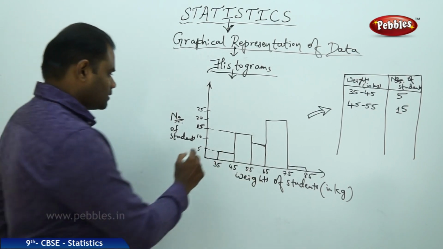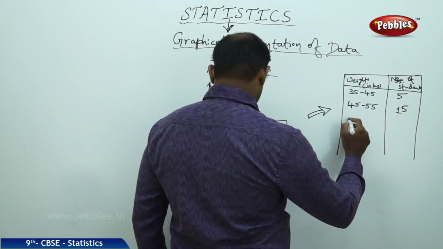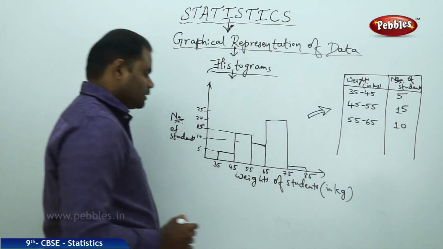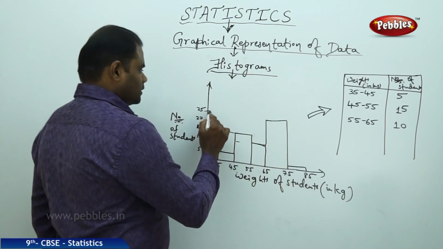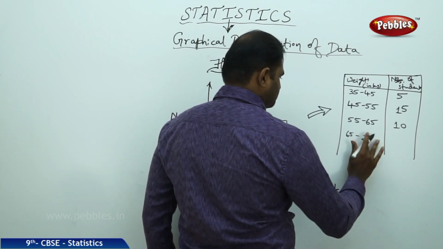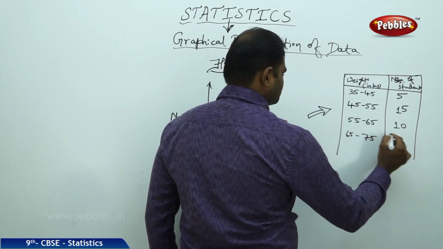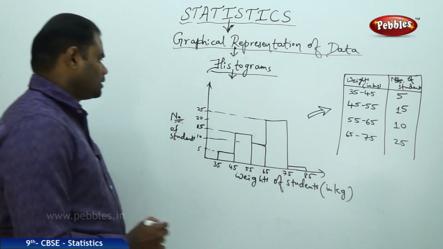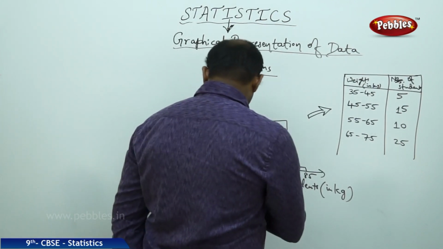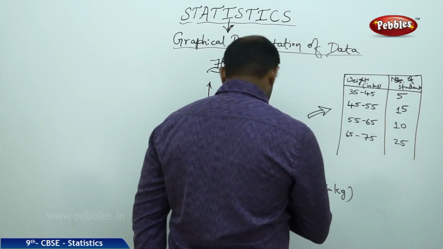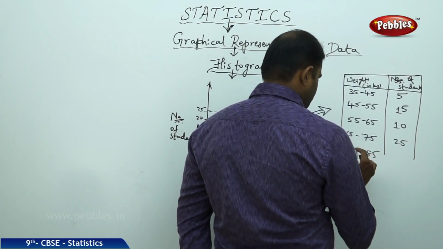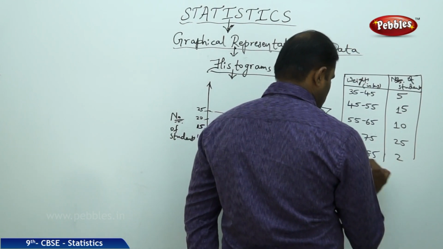55 to 65, there are 10 students who lie in this range. Then 65 to 75, they lie in the range of 25. And 75 to 85, there are only 2 students. If I approximately take here, I see that 75 to 85, the frequency is 2.